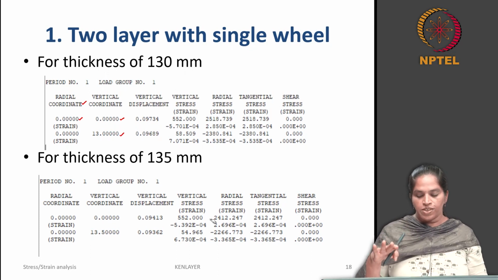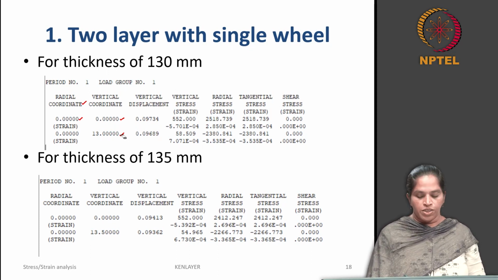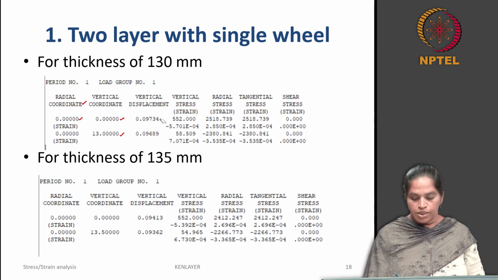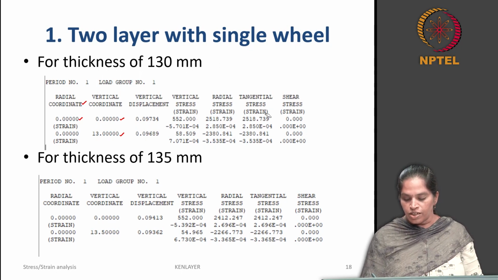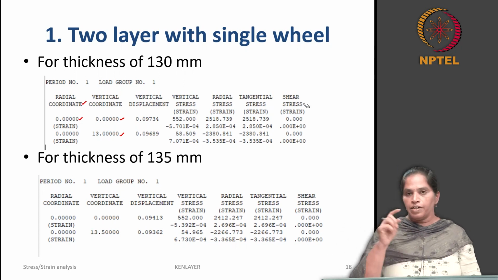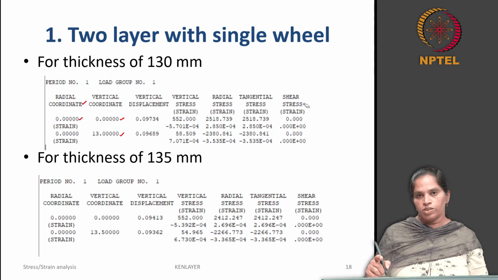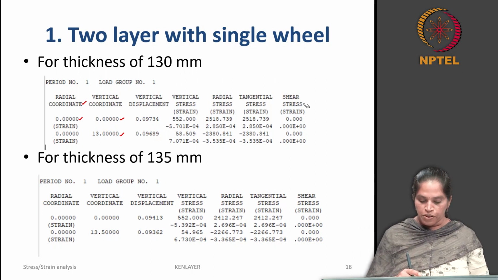One is at the surface, another is at the interface of the 2 layers. So you have vertical displacement, vertical stress and strain, radial stress and strain, tangential stress and strain, and shear stress and strain. The negative sign indicates the tensile nature and the positive sign indicates the compression nature.